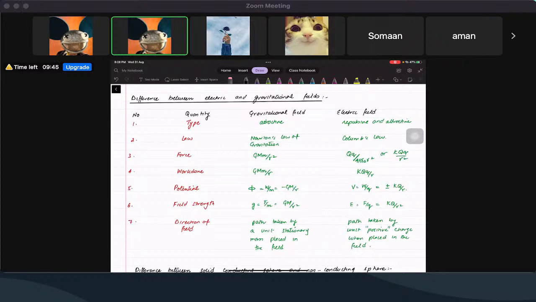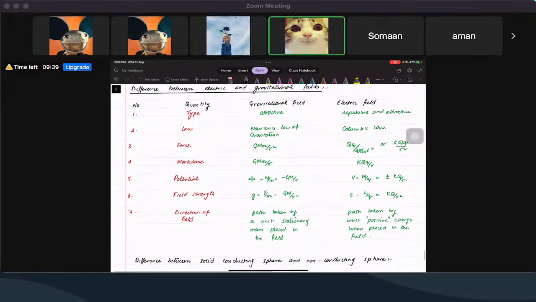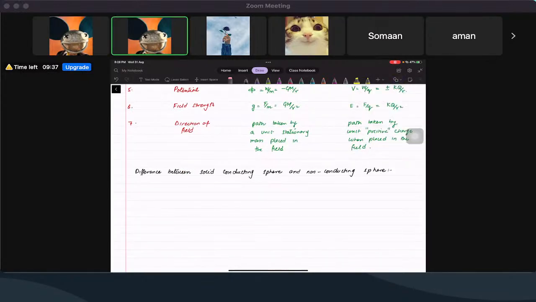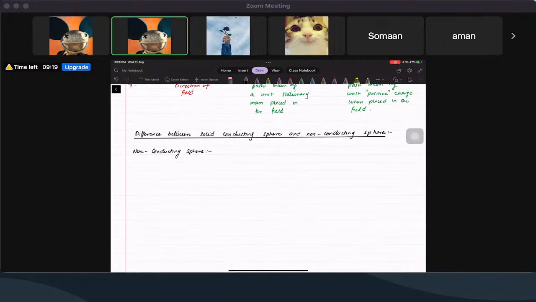Now, the difference between solid conducting and non-conducting sphere. For a non-conducting sphere, I just want to tell you, let me just draw this once.